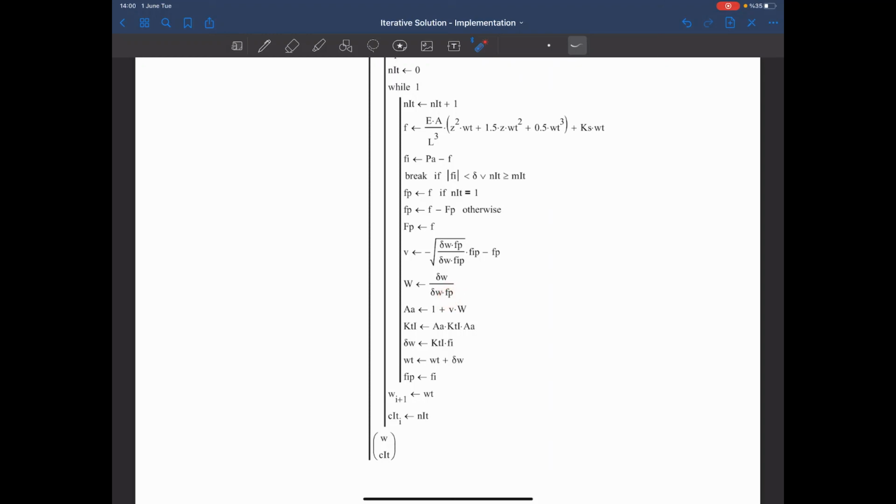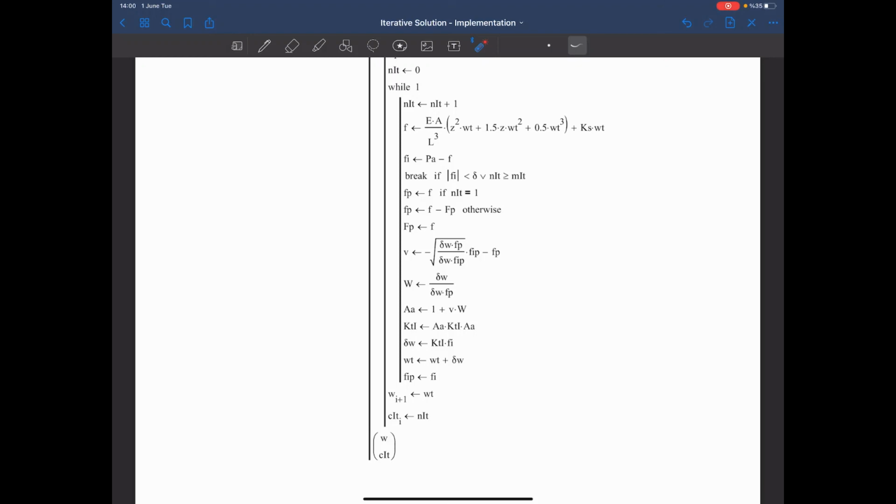So what we learned here is that in the iterative solution, the most important thing for converging to equilibrium is the calculation of the residual force. This has to be exact, okay? You cannot make any mistake here. But the tangent stiffness doesn't have to be the exact tangent stiffness. You can use the initial, you can use any slope you want.